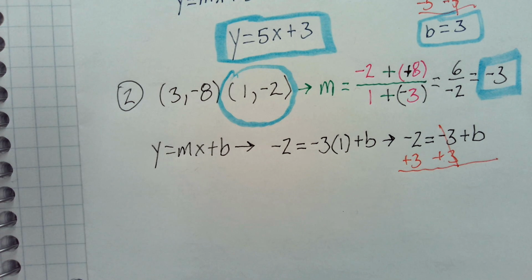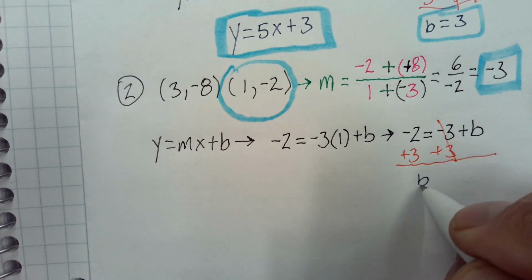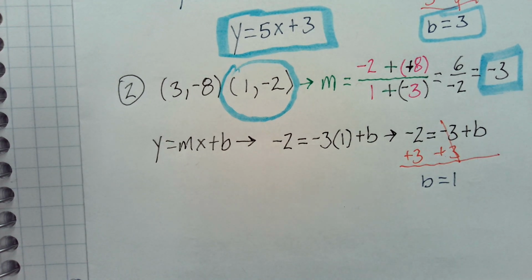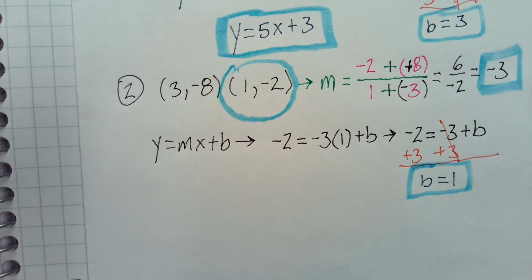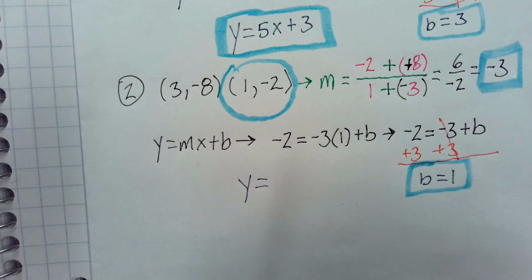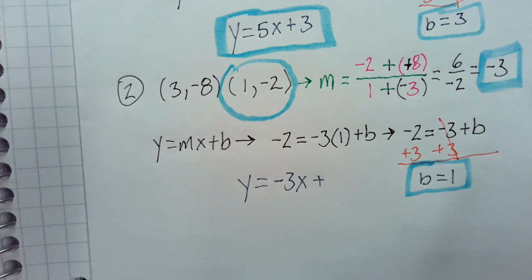So in the end, we get b equals 1. And now we can write our equation. Replace m with -3 and b with 1. So our equation is y equals -3x plus 1.